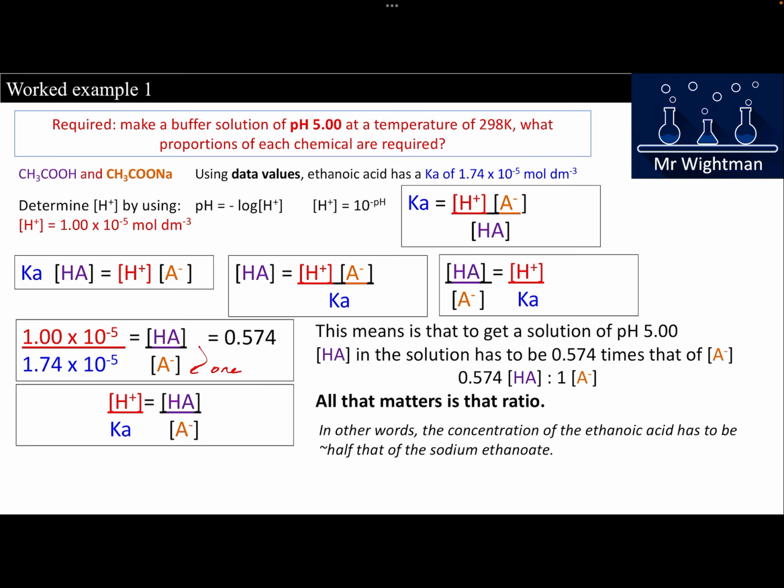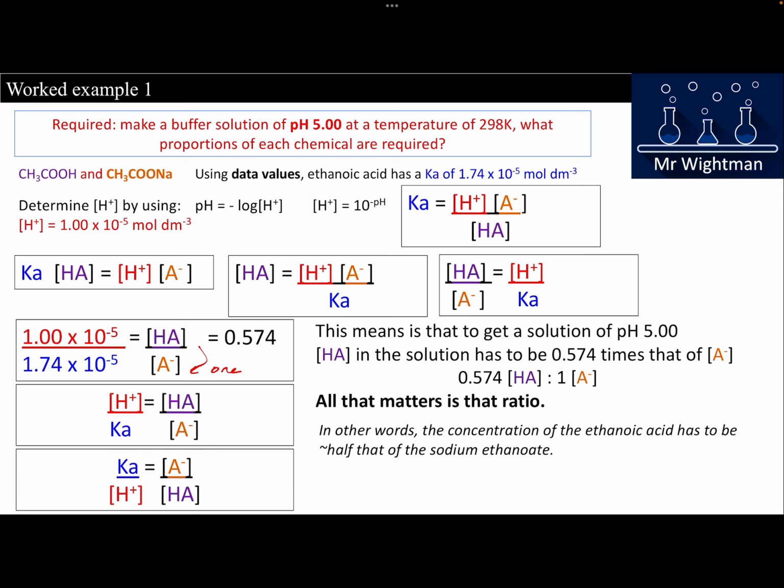All that matters is the ratio. If you were to do 1 divided by the answer, you would get it the other way around, the reciprocal. Or if you did Ka over H plus, then that would come out roughly twice as much. So that would make sense in the sense of we need twice as much of A minus in comparison to HA, which is the other way of looking at it.